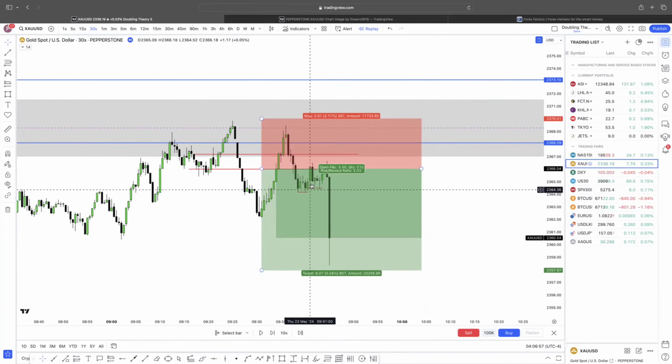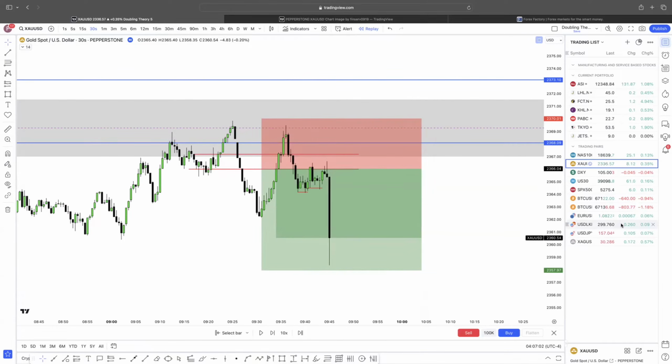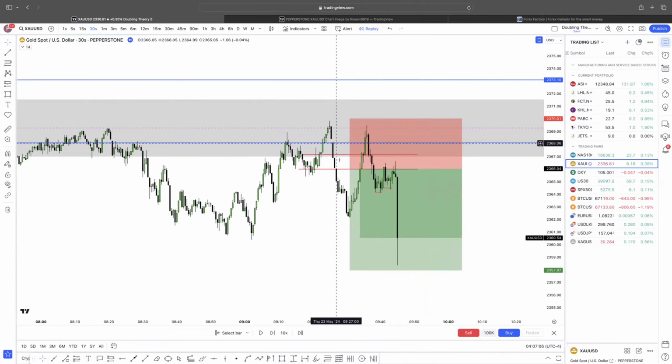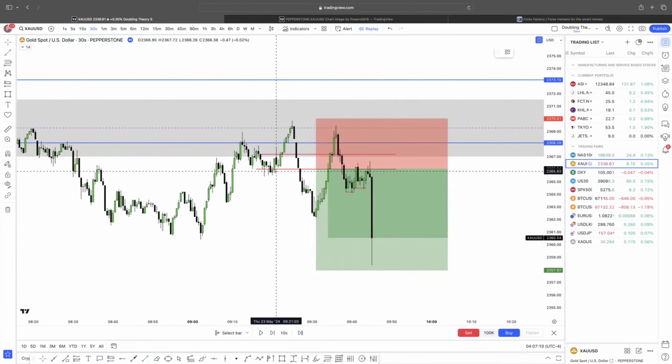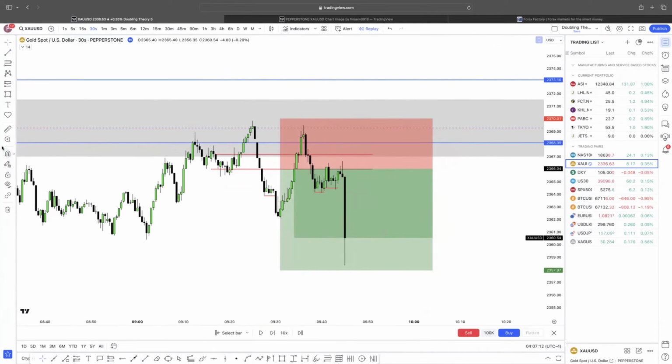This here becomes your breaker. But we are now validating larger structure. Stop hunt, order block gets violated. This becomes a breaker.